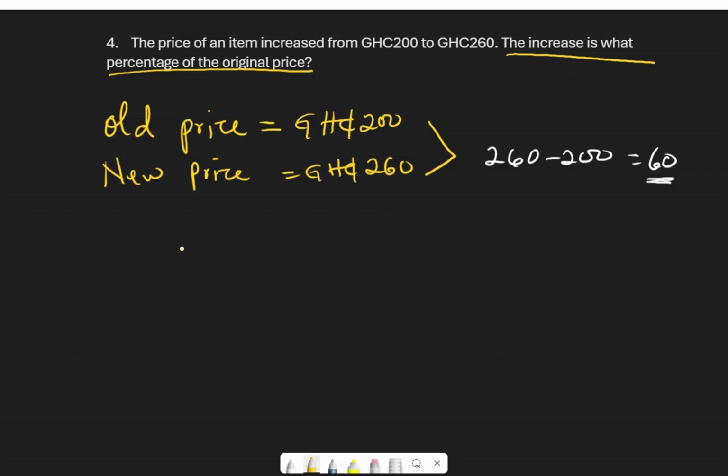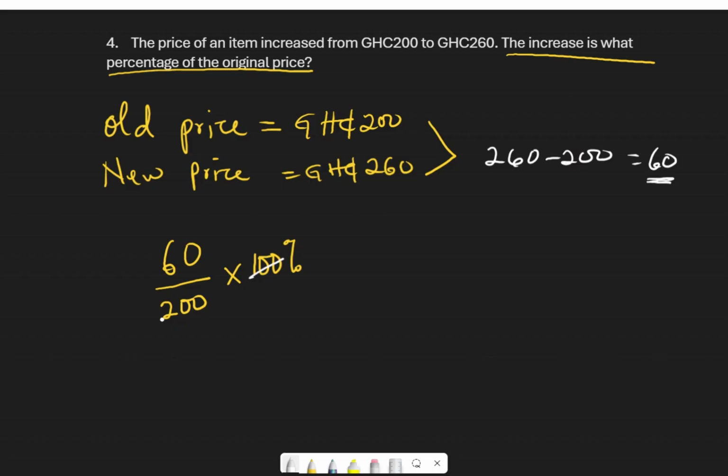The increase is 60. So 60 over the original or the old price. Let's convert this to a percentage. So multiply by 1, which is 100%. Do your calculations.